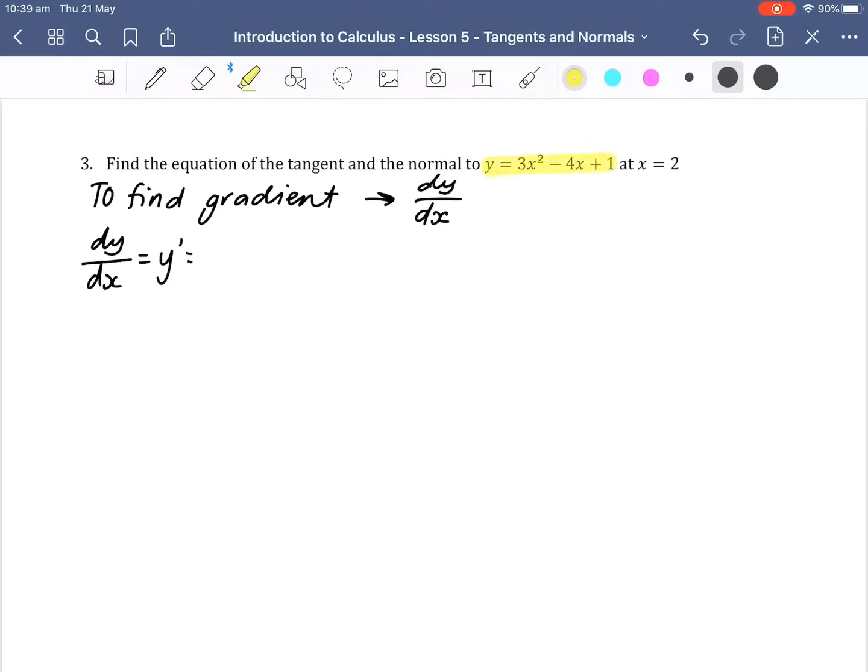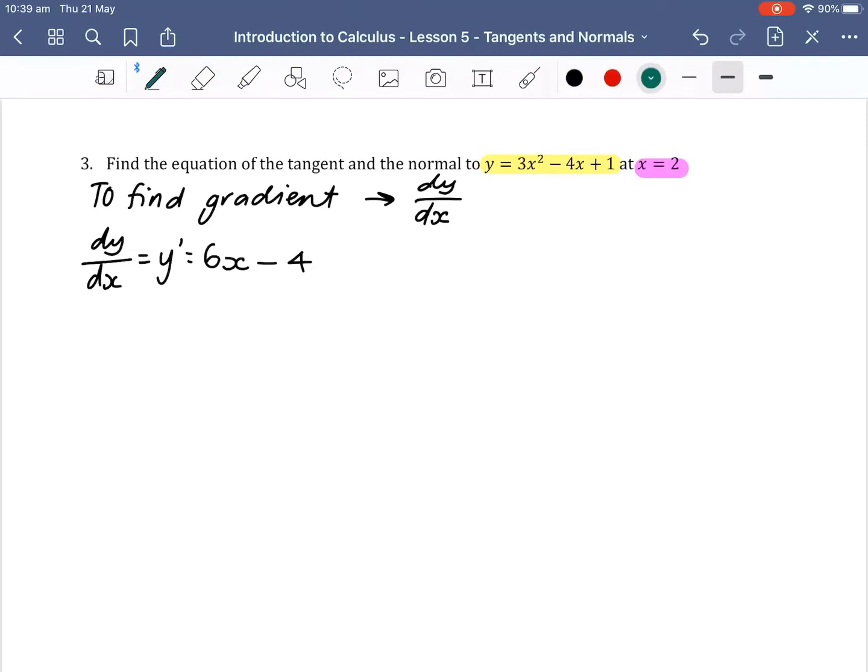We need to differentiate our equation. So bring our power of 2 down, 2 times 3 is 6, x to the power of 2 minus 1 is just 1. So it's just 6x minus 4, and our plus 1 vanishes. And it's at the point x equals 2.